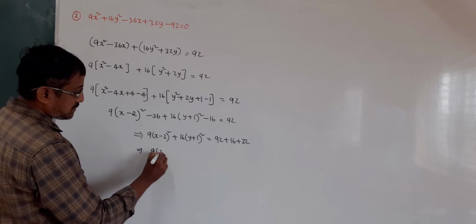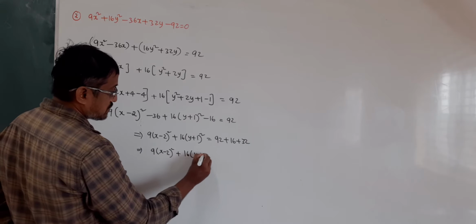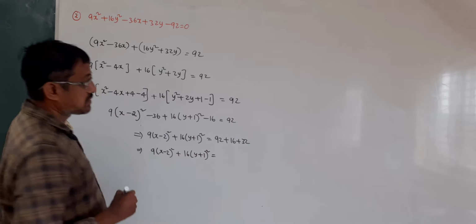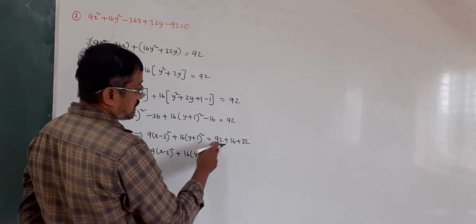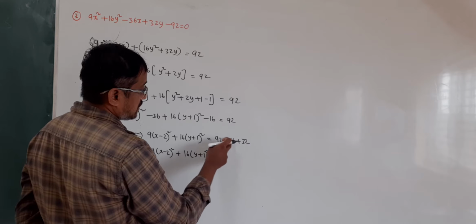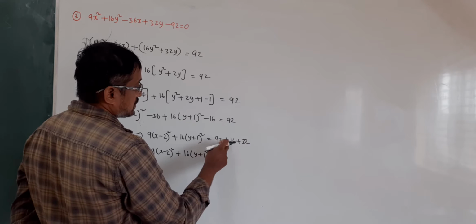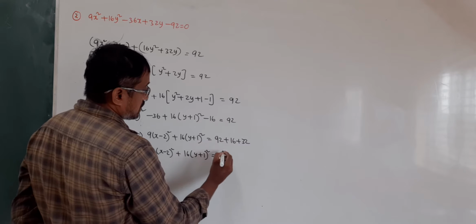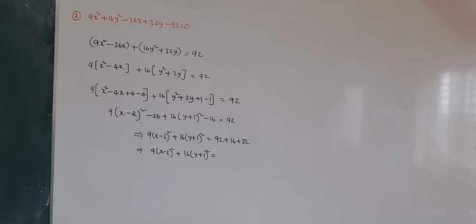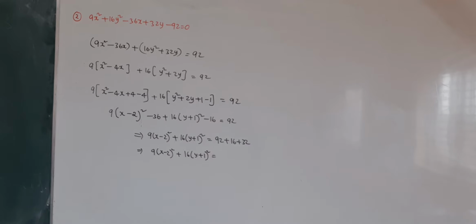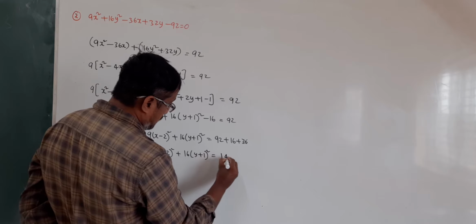So 9 into x minus 2 whole square plus 16 into y plus 1 whole square is equal to, now this is 90, 120, 130, here it is 36, so you will get 144.